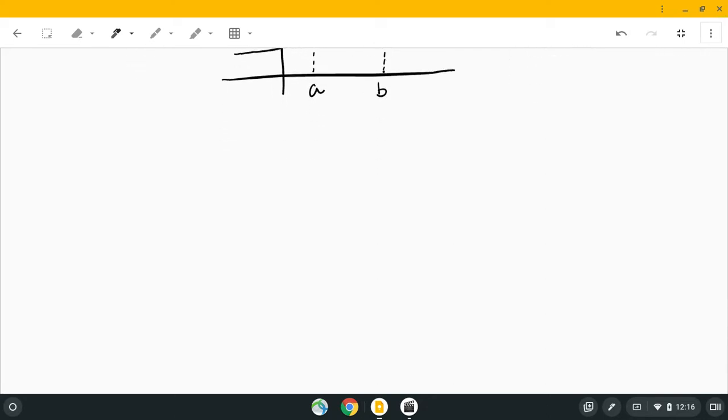Okay, so let's take a look at this example. Suppose I have this function, f of x, which is equal to x minus 3 quantity squared.